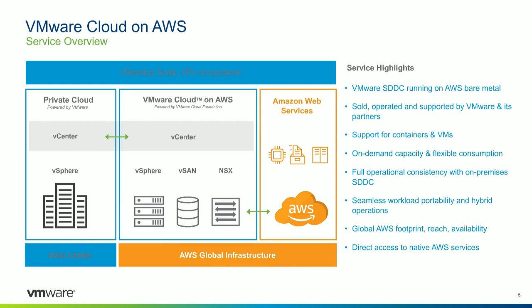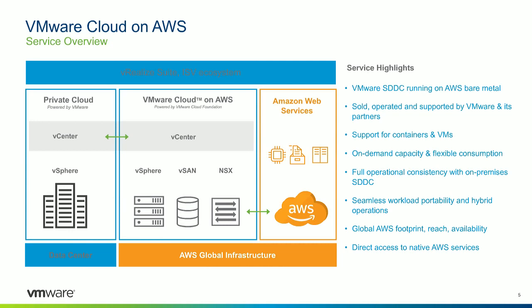This is fully supported by VMware. If there's a remediation problem, if there's an upgrade or a patch or something like that that needs to be done, it's all managed by VMware. It's then taking into account the on-demand capacity and flexible consumption model of the public cloud. The same way you can burst and expand the EC2 instance, you can now do with the VMware host environment.